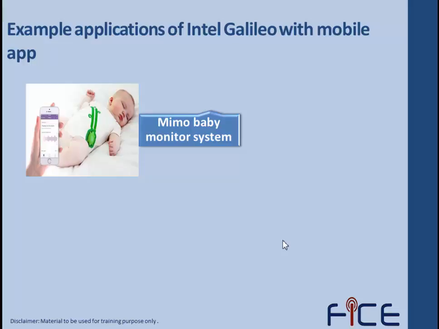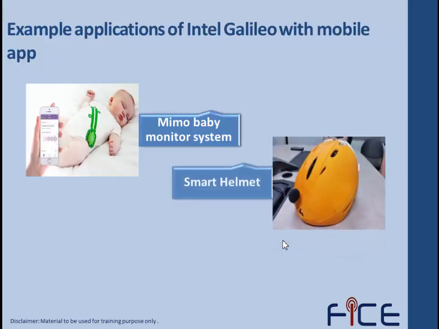If I consider a mobile app application with respect to Intel Galileo in automobiles, a smart helmet comes into the picture. The primary function of the smart helmet is to detect a crash and communicate to emergency contacts.